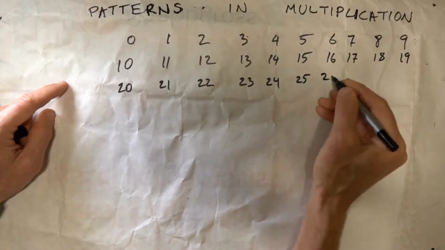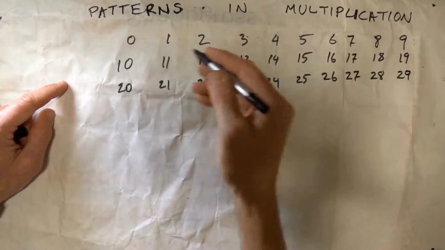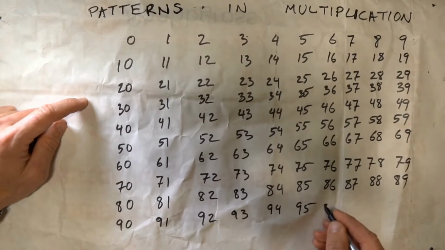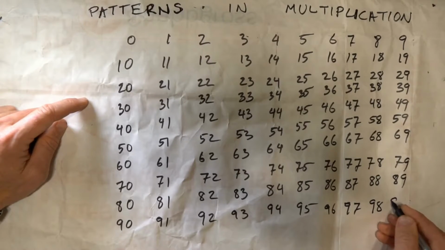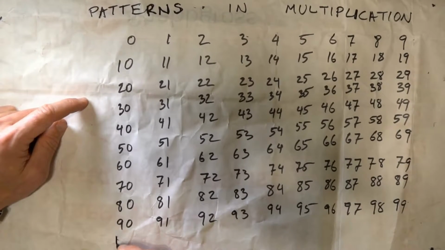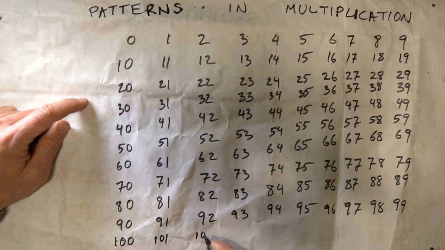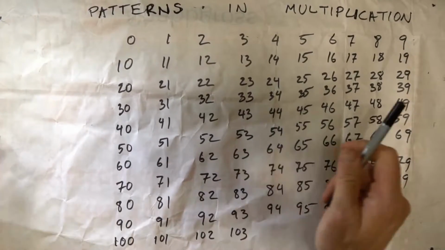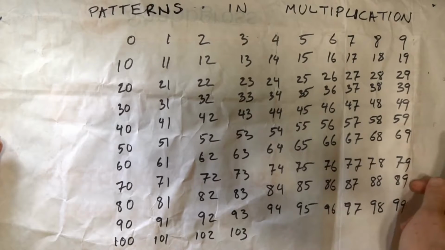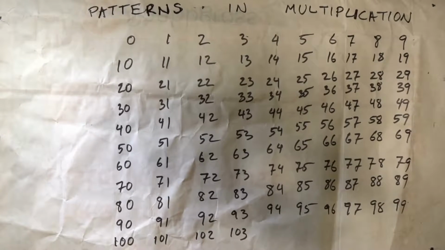It goes on. 24, 25, 26, 27, 95, 96, 97, 98, 99. Oh, we can keep on going. 100, 101, 102, 103. I could go on, but you can go on too on your own.